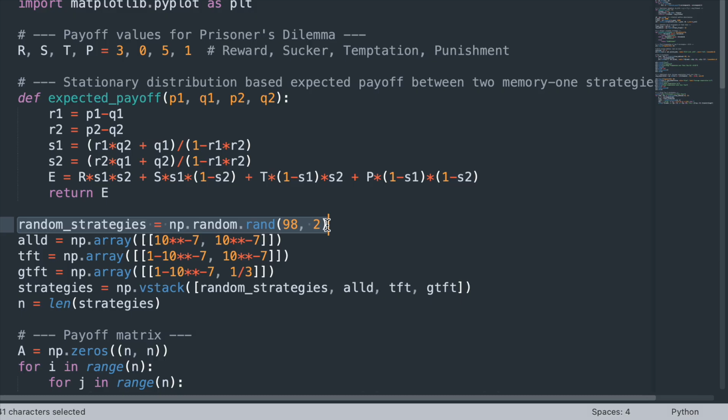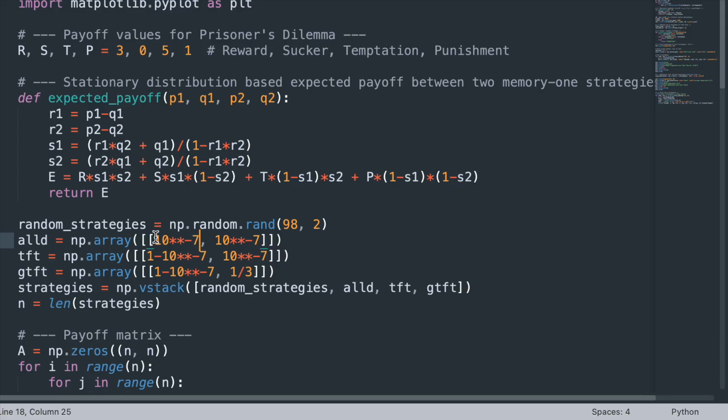And since there is the possibility that in these 100 doublets, it may also happen that ALLD is not present at all, so by force, with these 98 strategies, I am putting in another strategy which is close to ALLD.